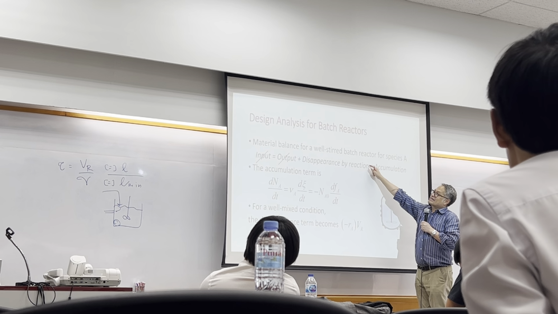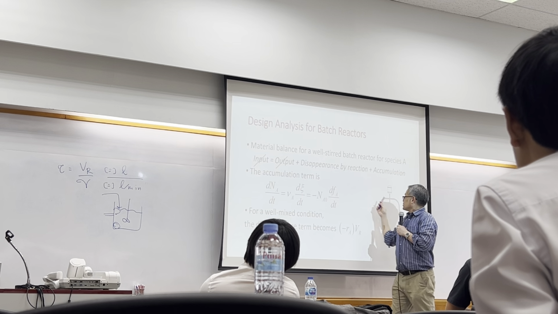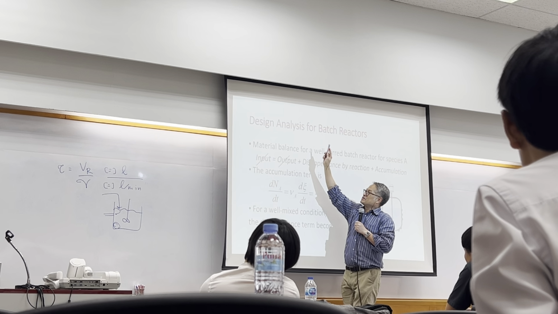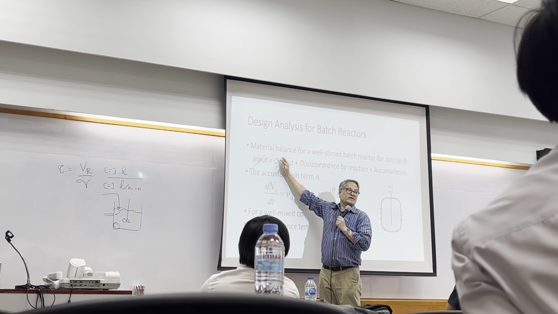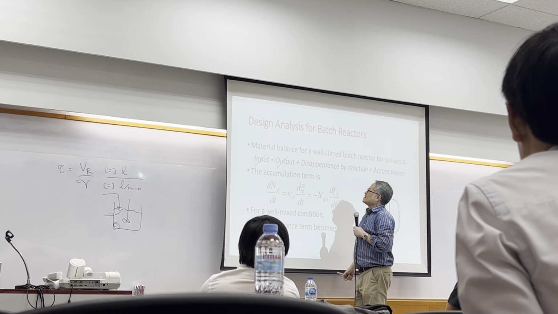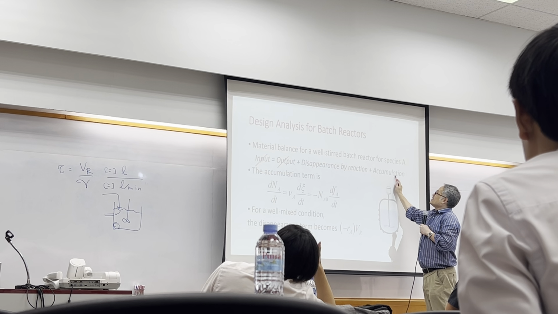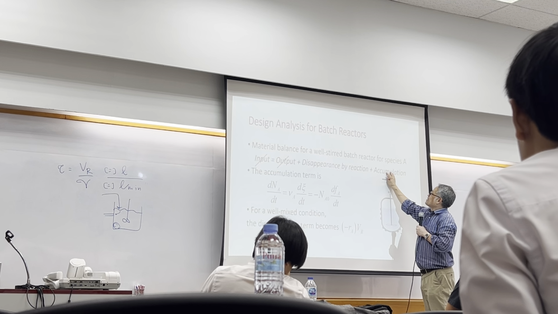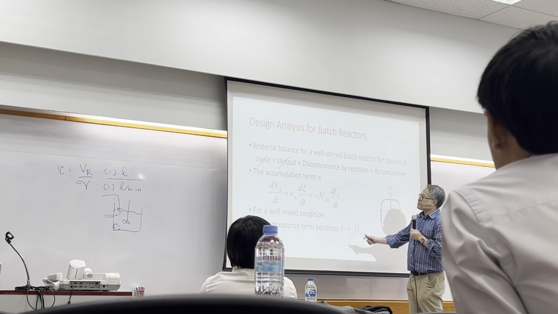For the batch reactor, we start from the same material balance equation. There's no input and no output, so those terms are zero. So accumulation equals disappearance, with a minus sign.